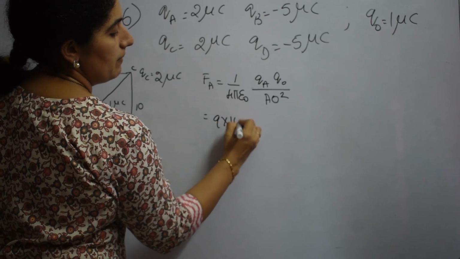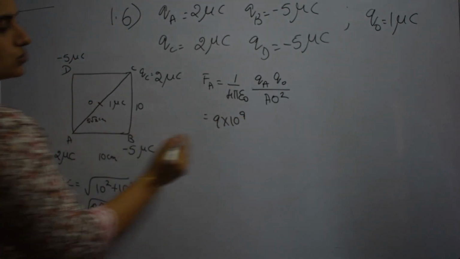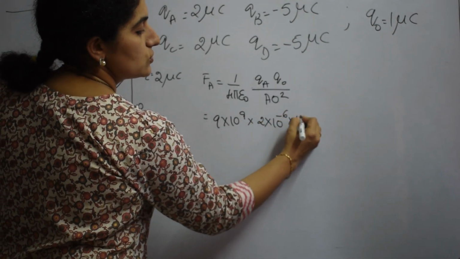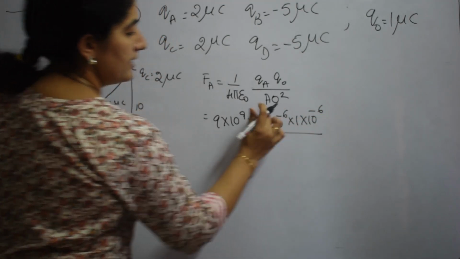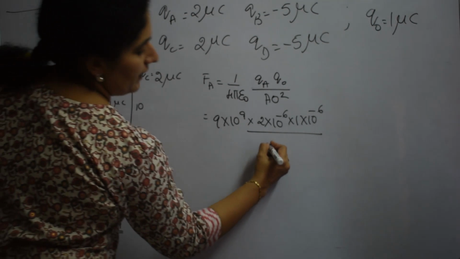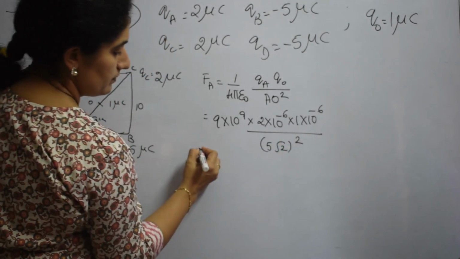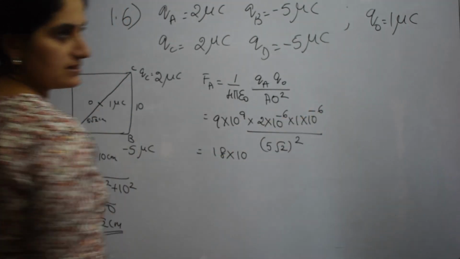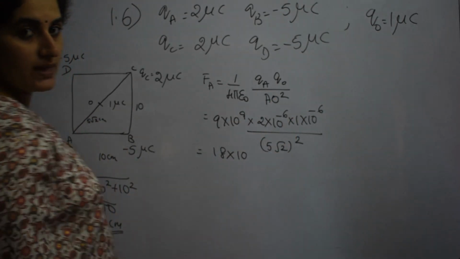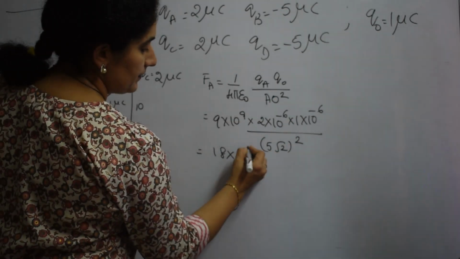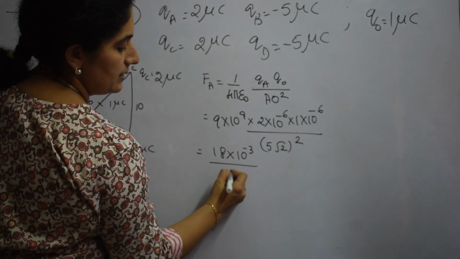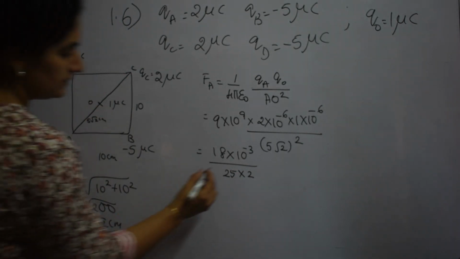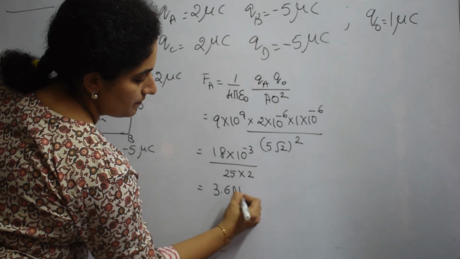So it is 9 into 10 to the power 9, QA is 2 micro, that is 2 into 10 to the power minus 6, into 1 into 10 to the power minus 6, divided by AO, which is 5 root 2 whole square. 18 into 10 to the power minus 6 minus 12, 9 minus 12, minus 3, divided by 5 square, 25 into 2. So this comes around 3.6 Newton.